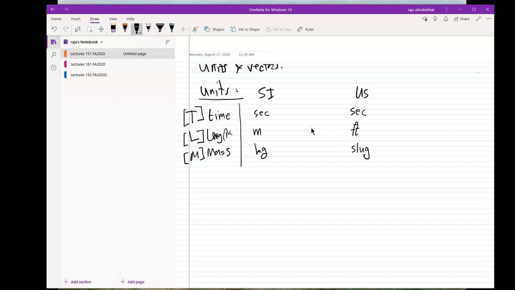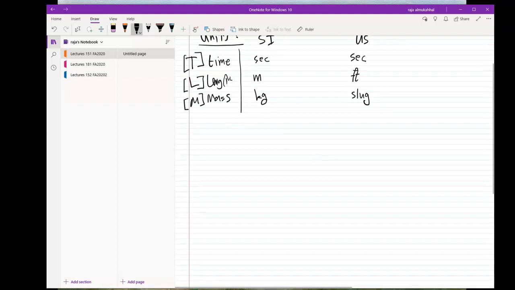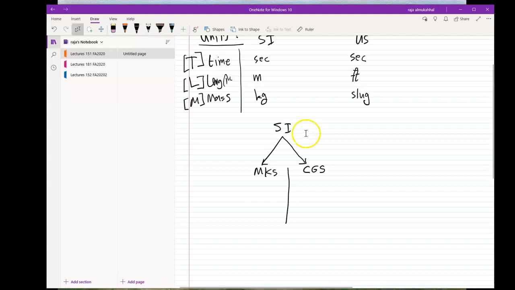All right, now let me concentrate a little bit more on the SI, but this is what's important for us. The SI system, as a matter of fact, has two subsystems. One we call MKS, the other one is called CGS.